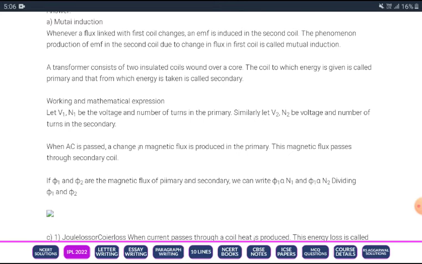So here we have V1 and N1, where V1 represents the voltage and N1 the number of turns in the primary, and V2 and N2 represent voltage and number of turns in the secondary. When AC is passed, a change in magnetic flux is produced in the primary.